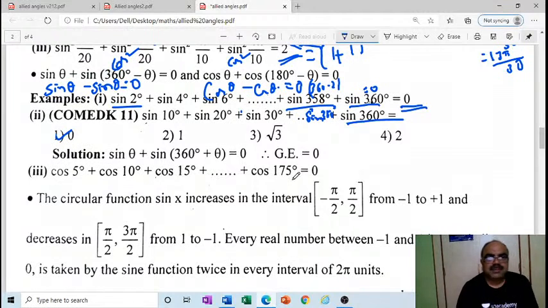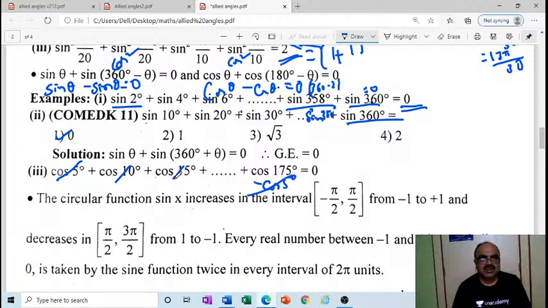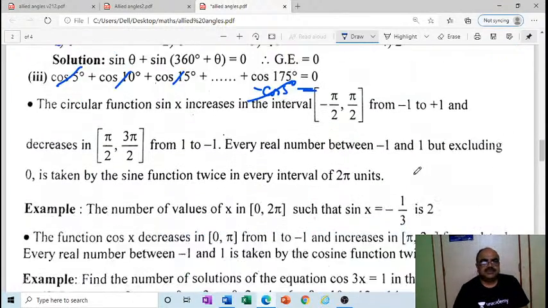So plus cos 5 minus cos 5 cancels, plus cos 10 minus cos 10 cancels, plus cos 15 minus cos 15 cancels. Please understand, this is cos 5. So this cancels, same way cos 10, cos 15, all will cancel, and we get the answer as 0.